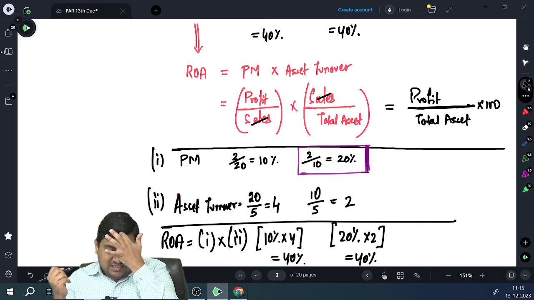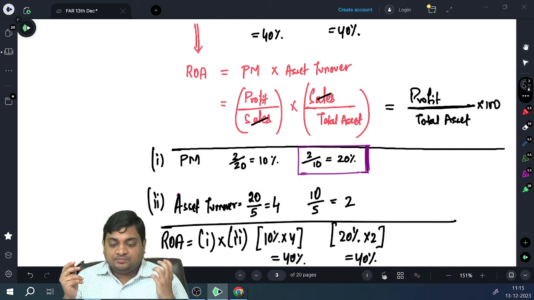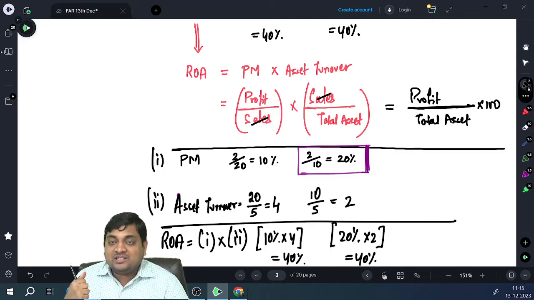So as far as the investor is concerned, he will be indifferent, but A needs to improve more on its cost of production, and A needs to improve its profit margin, whereas B needs to improve its asset utilization, right? So these are the areas where we can improve.